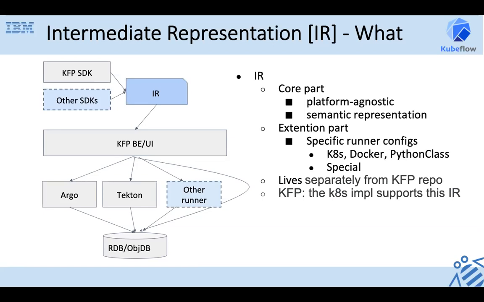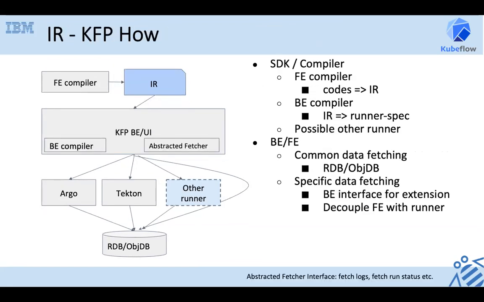So the goal here will be that your SDKs, currently the KFP SDK as is, compile to an intermediate representation. That intermediate representation is what you are taking to the Kubeflow pipeline backend and UI engine. Then the Kubeflow pipeline backend engine and UI is responsible for the DAG, which you should see is consistent.